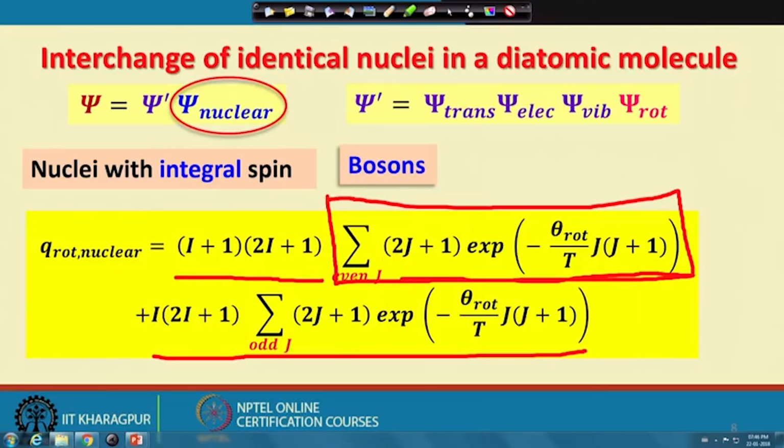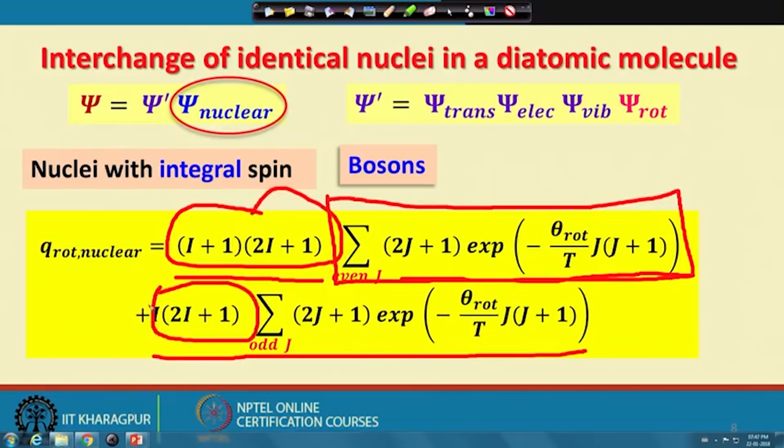And if you know whether for the given system you require an antisymmetric or a symmetric nuclear spin function, you can very easily find out the corresponding degeneracy of the nuclear ground energy state, and accordingly say that Q nuclear is going to be either this term or this term.